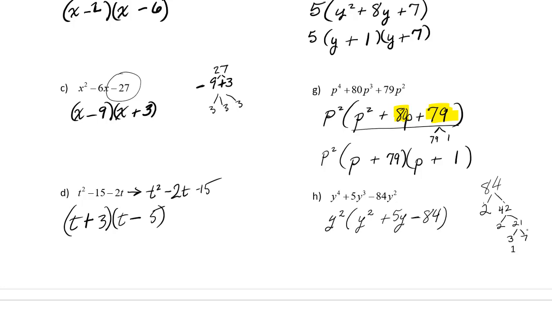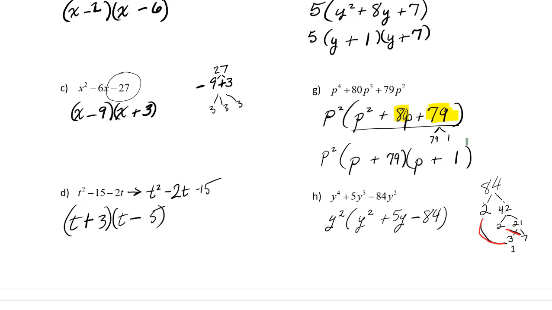So let's look at 3 and 2 and 2 and 7. Will that do what I need? That would be a 6 and 14. 6 versus 14 will not give me a difference of 5.